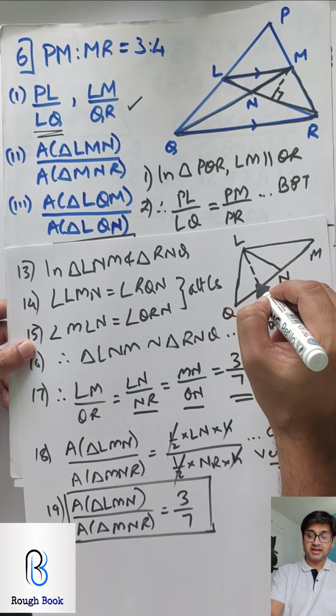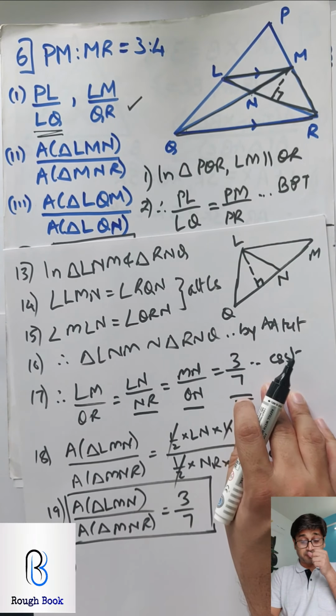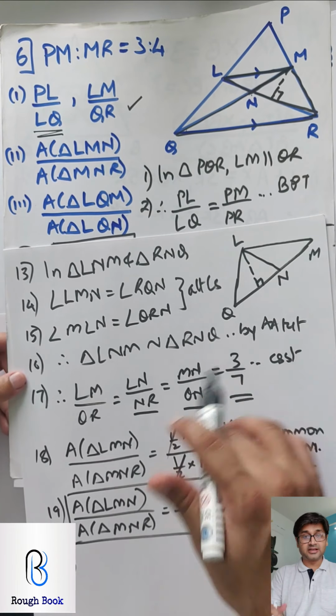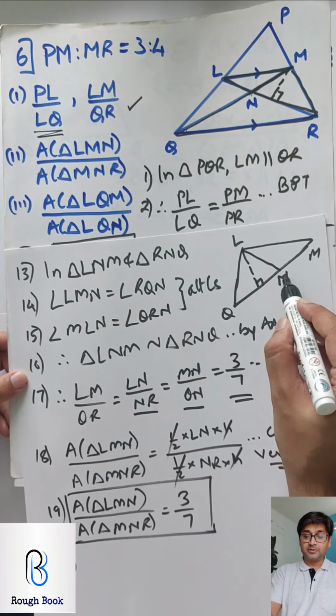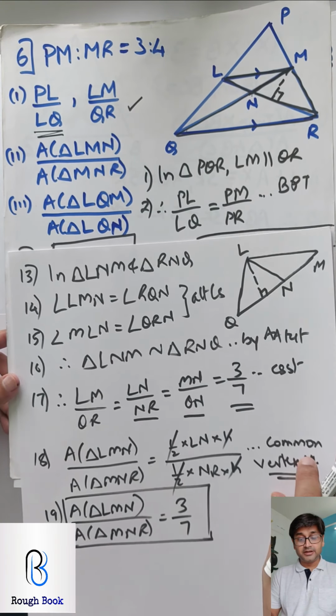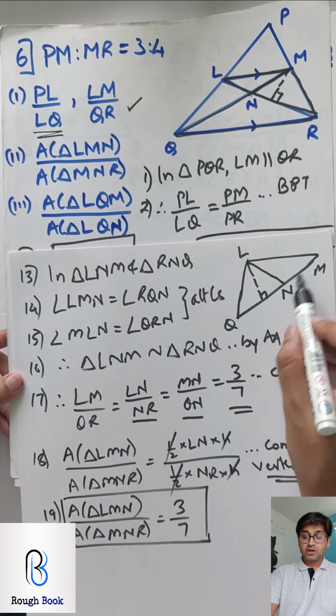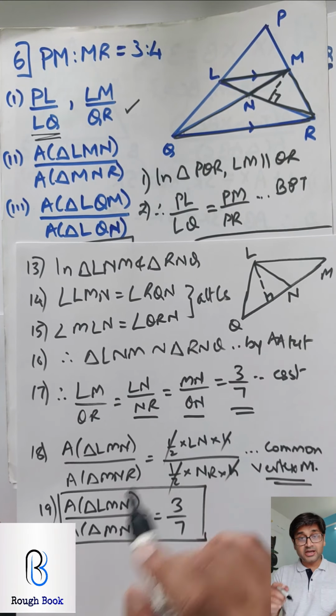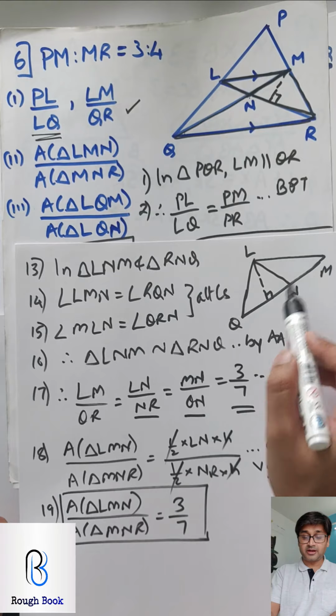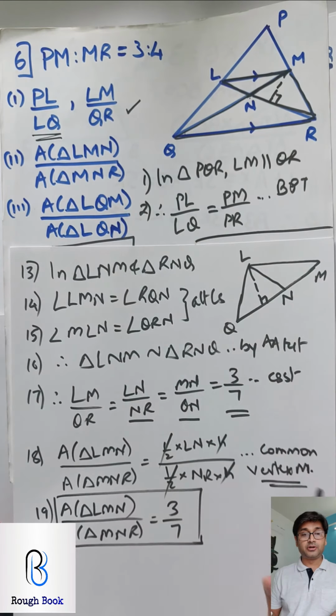Both have vertex L and therefore their heights are equal. So you can directly say heights are equal, therefore LQM will be QM and this one will be QN. So you will need QM upon QN. What we have is MN upon QN. So we again have to use X method, first get MN upon QN, then jump into this triangle.